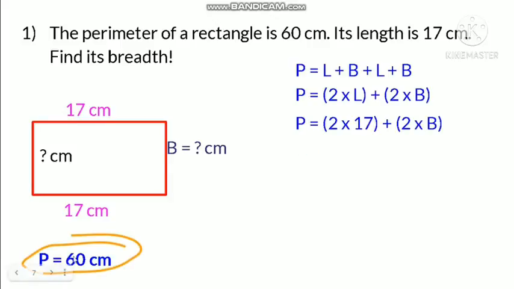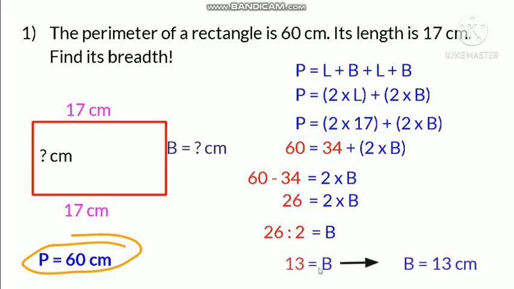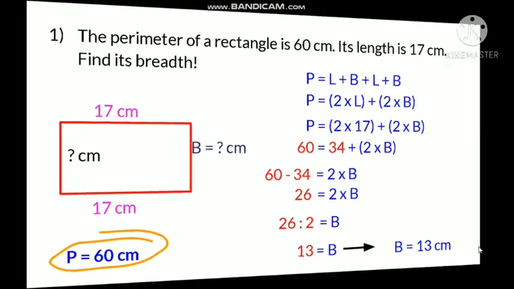And the perimeter is 60, so 60 equals 2 times 17, which is 34, plus 2 times breadth. 60 minus 34 equals 2 times breadth. 60 minus 34, we get 26 equals 2 times breadth. So to find the breadth, we calculate 26 divided by 2. So the breadth is equal to 13 centimeters.